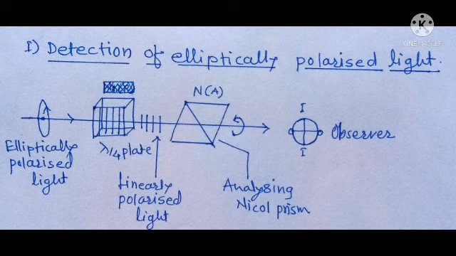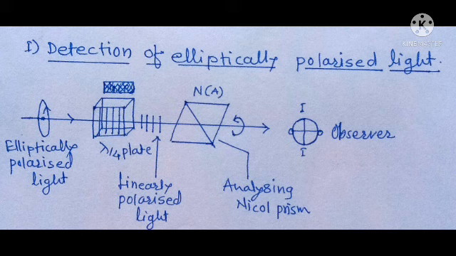When the light is passed through the lambda by 4 quarter wave plate, the light splits into two components, extraordinary ray and ordinary ray, which travel in the same direction, and after emerging from the lambda by 4 plate, an additional phase difference of 90 degrees is introduced between the two components. Thus the total phase difference between ordinary ray and extraordinary ray becomes 180 degrees, and hence when they combine on emergence the light becomes linearly polarized.